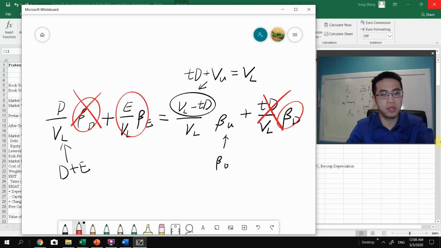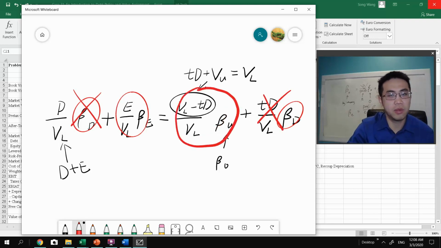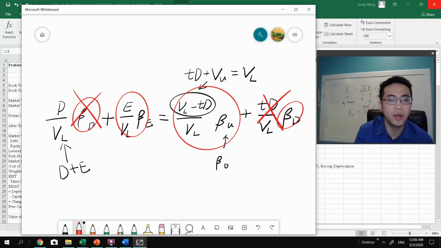Oops, this needs to be bigger. So if we want to solve the equation and put the beta for equity on one hand side, you should know that this denominator will be canceled out as well.